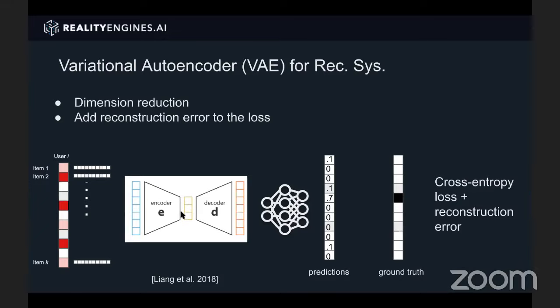And then the output of the encoder is some encoded vector that's lower dimension. We can think of it as a compression. And then this goes through a decoder that tries to reconstruct the original vector. So it's basically like an encoding, trying to compress losslessly.